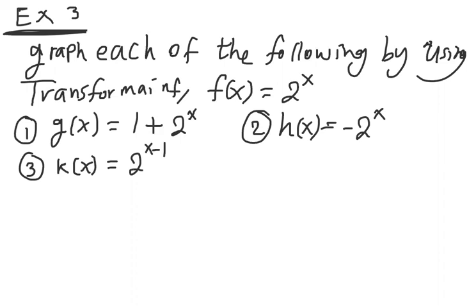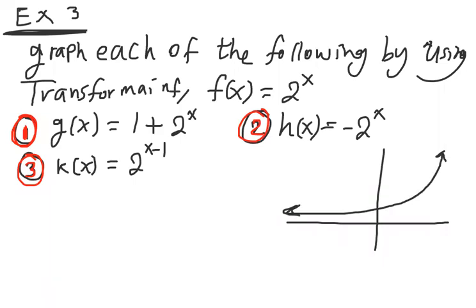Okay, who will give me the answer, or how can I graph the first one? Before I graph the first one, I know how to graph f of x equals 2 to the x. The function looks like this. This is an exponential function.